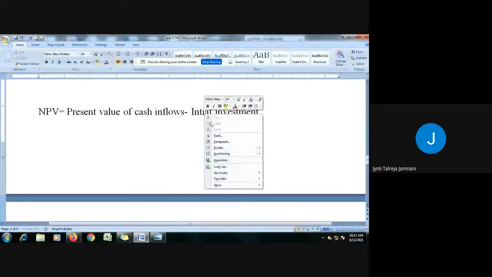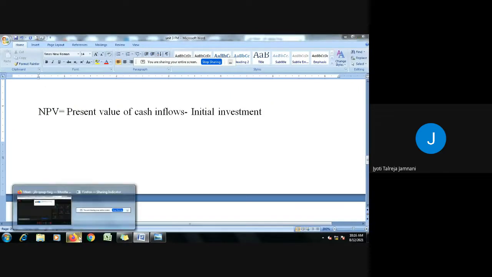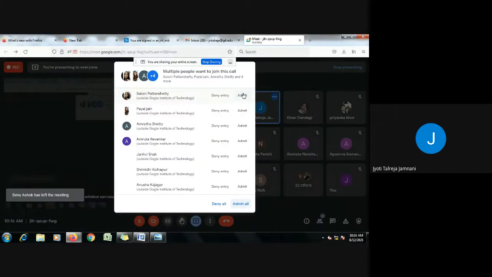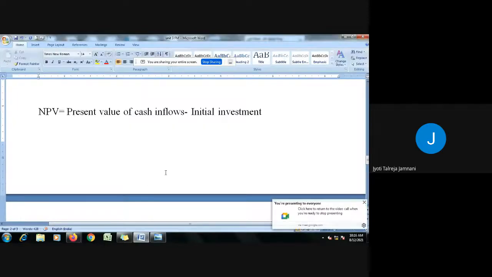It is nothing but whatever you have earned in the next 3 or 4 years, you get it to today's value. So, get it to present value and minus it with the cost or the investment that you're making today in the project. So, we need two things. One is the present value of cash inflows, and the next is the initial investment. If we have these two things, we can easily find the NPV.